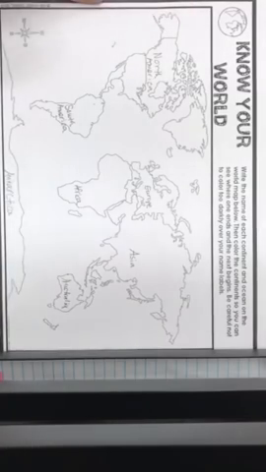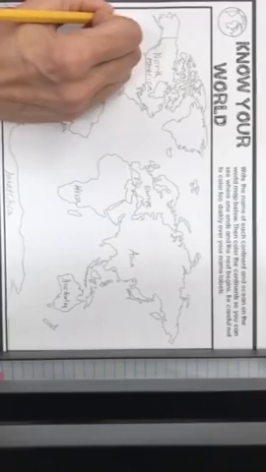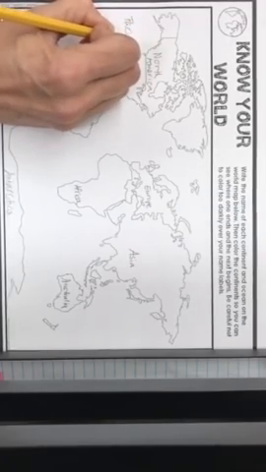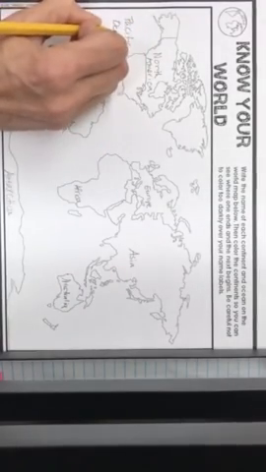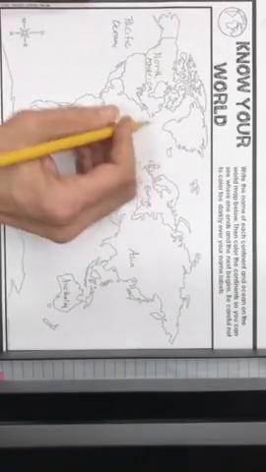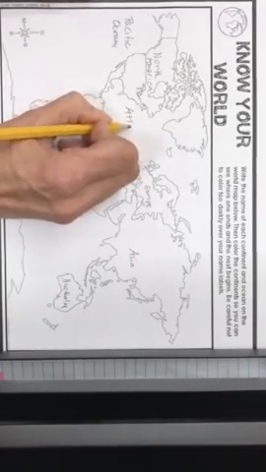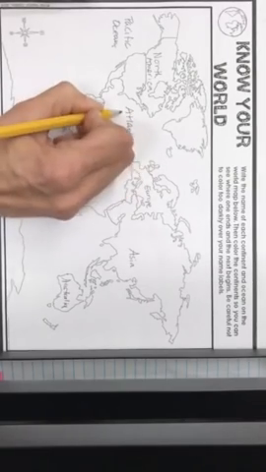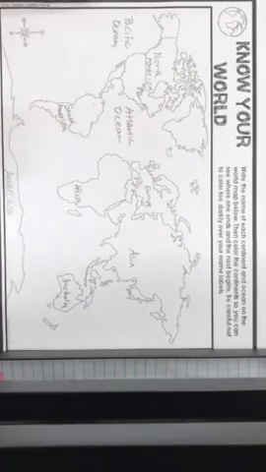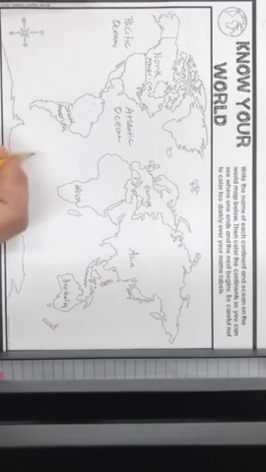Okay, now we're going to do our oceans. Make sure you use the word ocean to label these. We have the Pacific. Over on the other side of the US and North America, we have the Atlantic. Down here we have the Southern Ocean, above Antarctica.